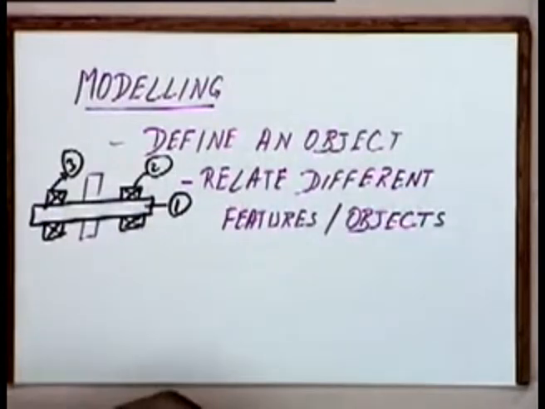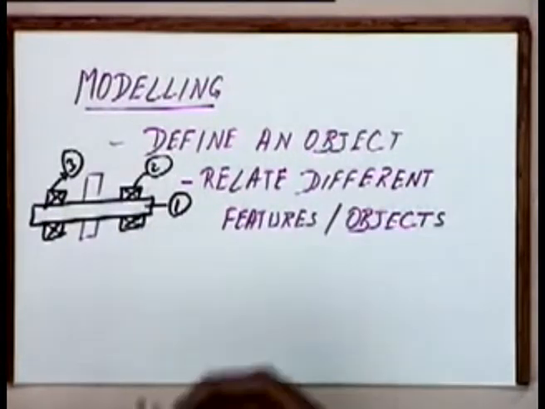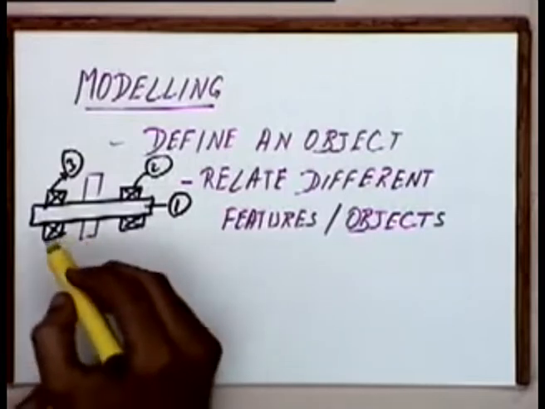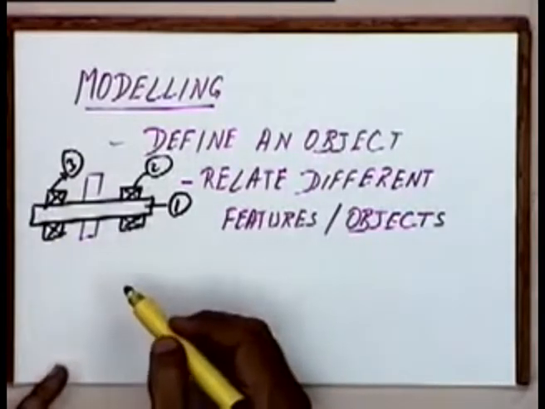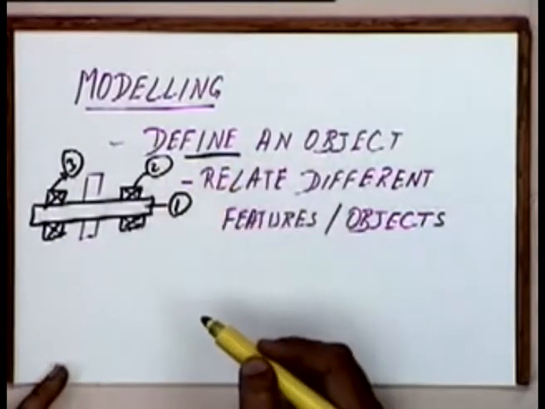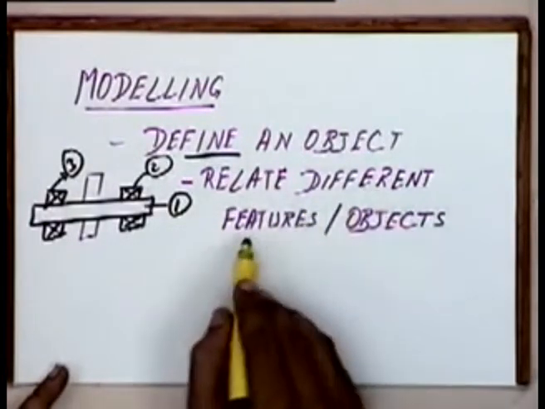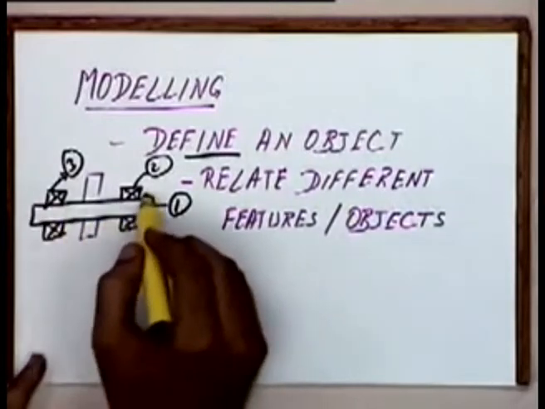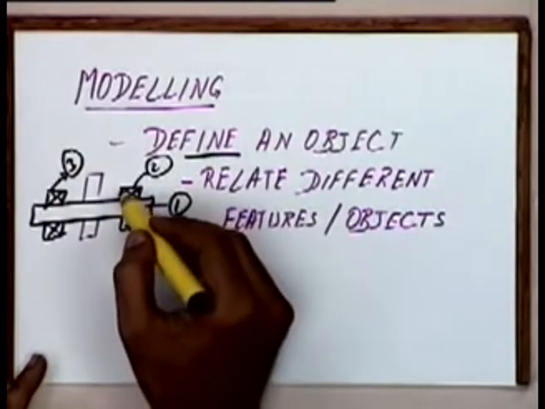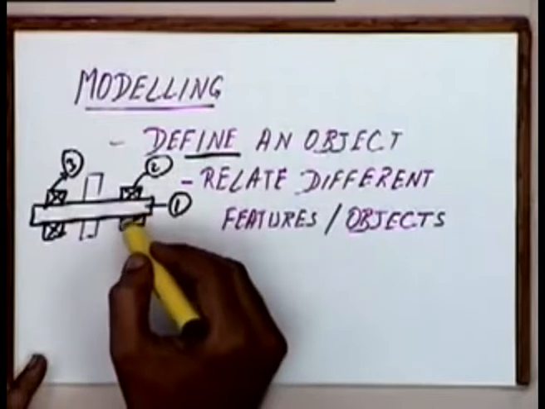So there might be different objects connected on them. When we are modeling this complete scenario, each of these objects would first be defined. Then we have to define the relationship between these objects. That means this shaft is next to this bearing and is touching it on this surface.